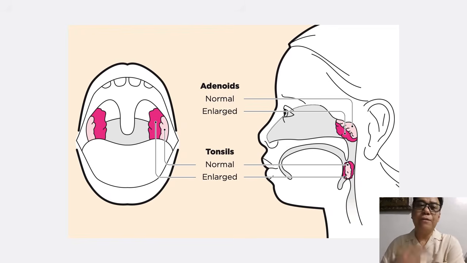Okay. So some health teachings that we can give for them. Tell them to avoid clearing their throat. Okay, so they cannot do that. Avoid doing that because it might cause bleeding. Next, avoid coughing, avoid sneezing, avoid blowing of nose for 1 to 2 weeks.